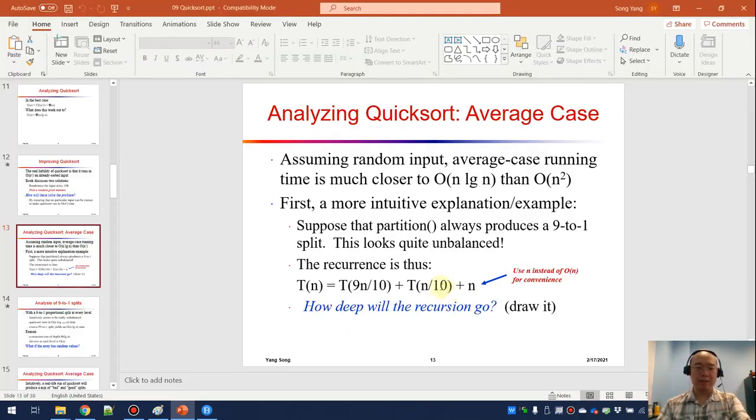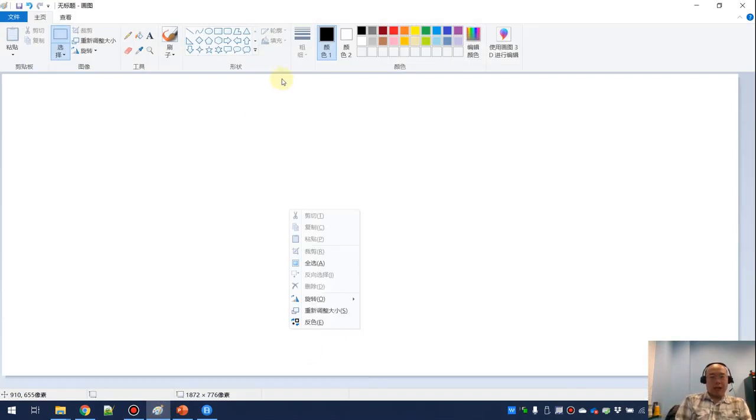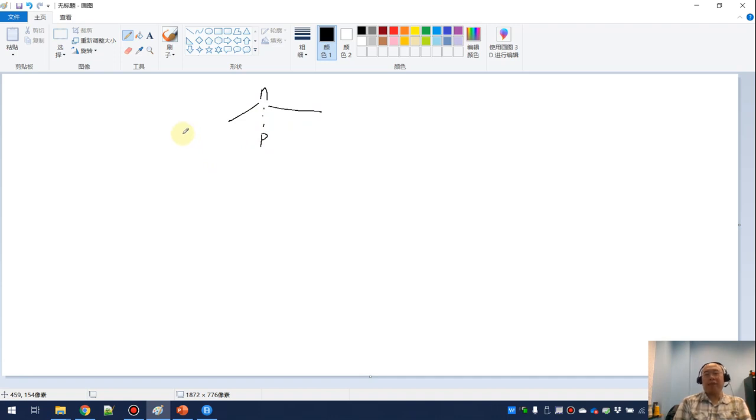Let me go back to my drawing board and say we have a big chunk of data to be sorted, with n values. When we are doing the partition, there will be a pivot. If we assume this n is really large, then holding back this one value as a pivot doesn't really change anything.